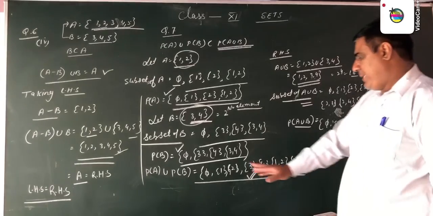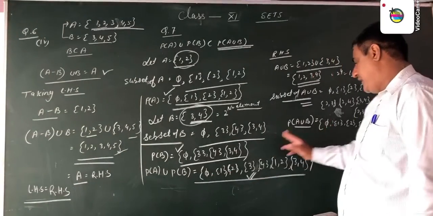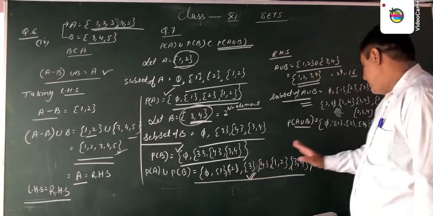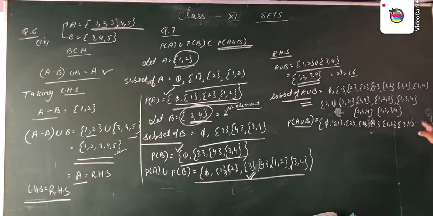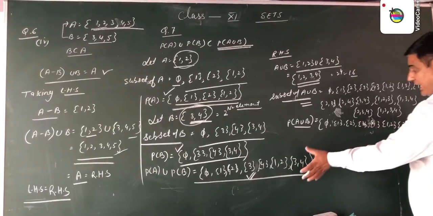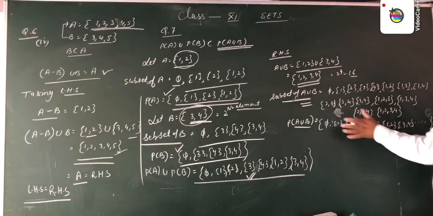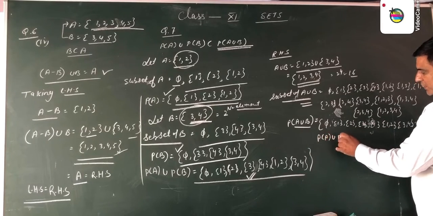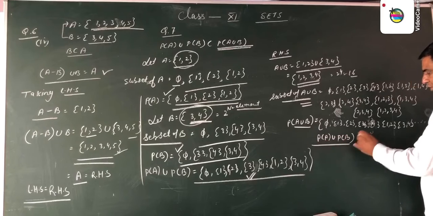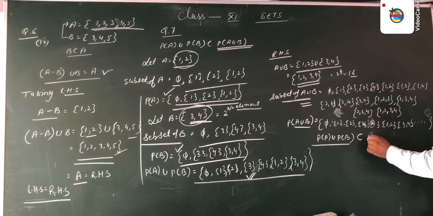The empty set is also here, and 1, 2, 3, 4 and extra. It means all these elements belong to this set. Then P(A) union P(B) is a subset of P(A union B).